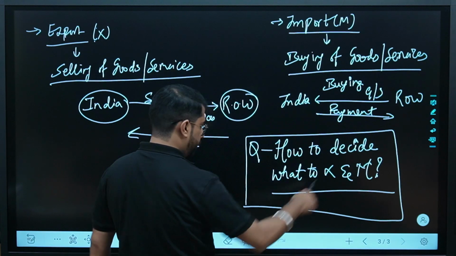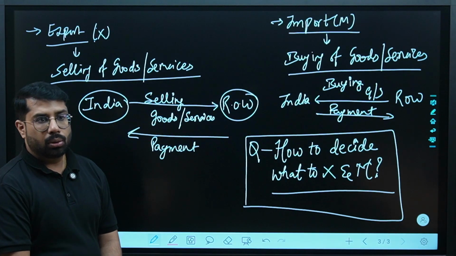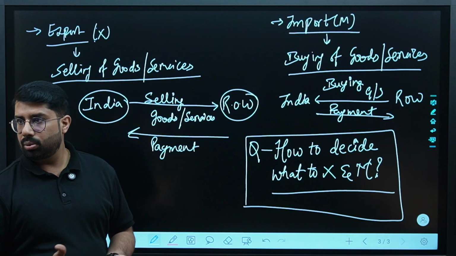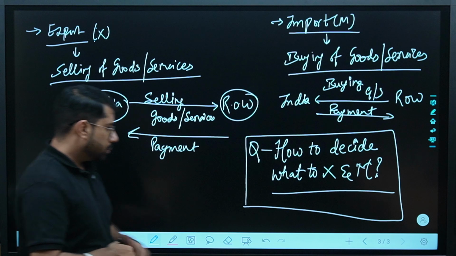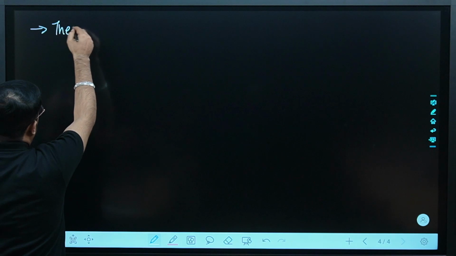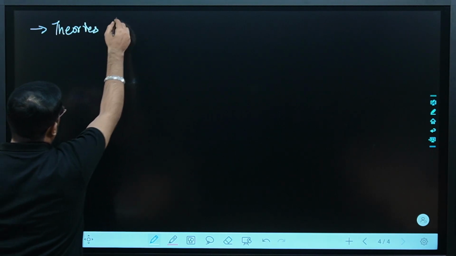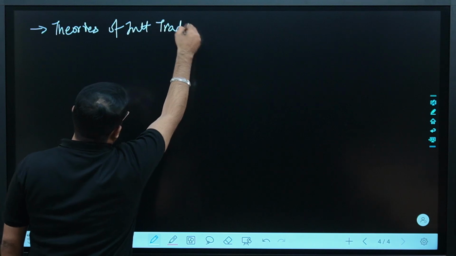That is the question. How do we decide what we should sell and what we should buy? To answer this question, theories of international trade will help.